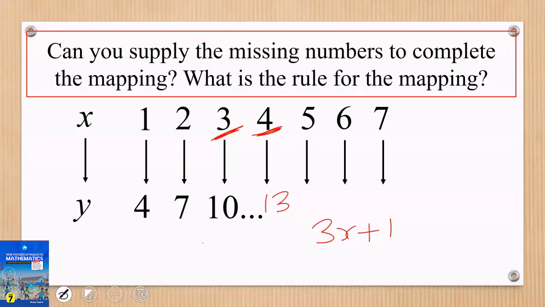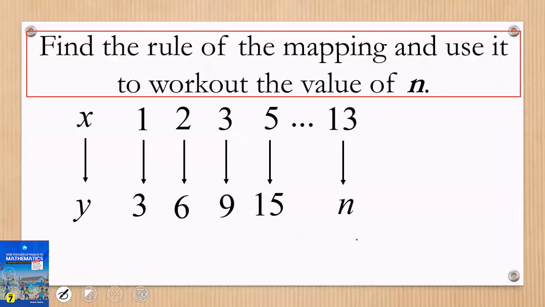And then again, 5 times 3 is 15, plus 1, 16. And it goes in that direction. So the rule of the mapping is that Y is equal to 3x plus 1. That means whatever the value of X, times 3 plus 1 will give me the value of Y. Let's do more examples.